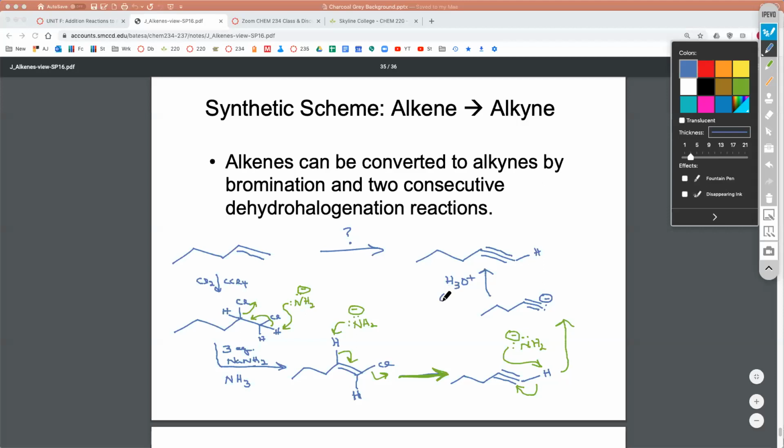So an H3O plus workup step, just to get the alkynide ion reprotonated to give us the alkyne, because in this case, this was our target. So this was our starting material, and this was our target compound. All right. Are there any questions on this one here?